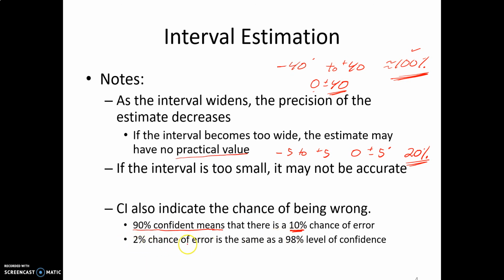So it's either one or the other, chance of error or being accurate. So a 2% chance of error would mean you're 98% confident in your answer. This chance of error is denoted as alpha. We're going to come back in the next video working on some examples.